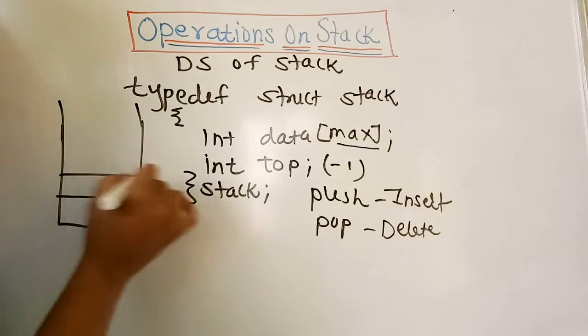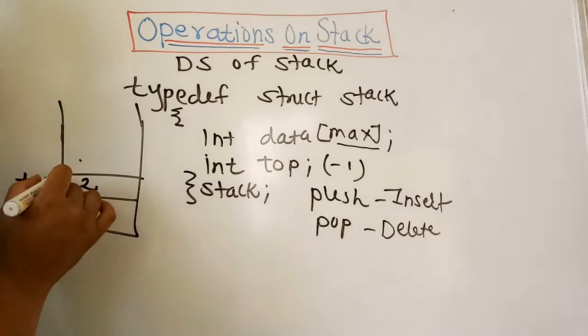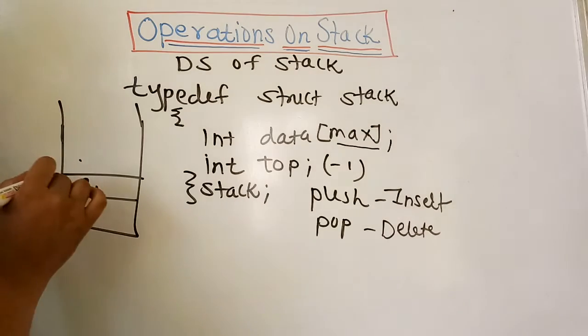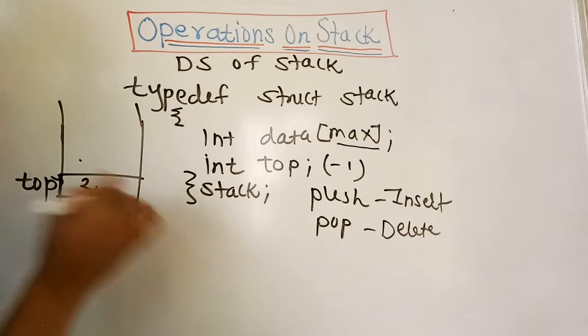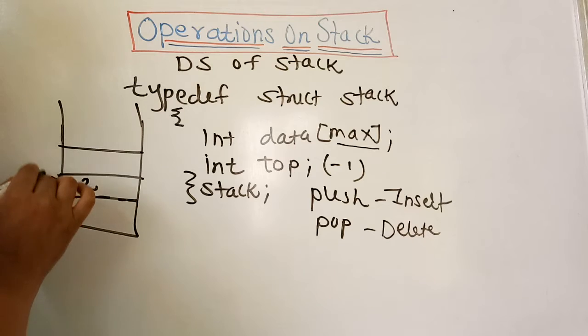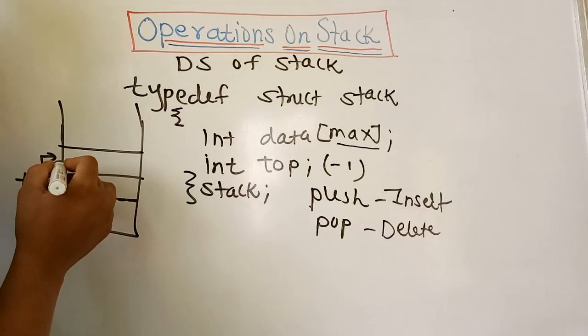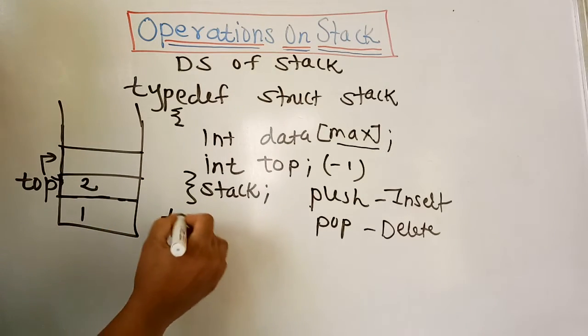For example, here two elements were inserted previously. You have to insert a third element. But you all know that top always points to the current position of the stack elements, where the data is inserted. So to insert the new element into the next position, you have to shift to the next position. So for the push operation, you have to make top plus one.